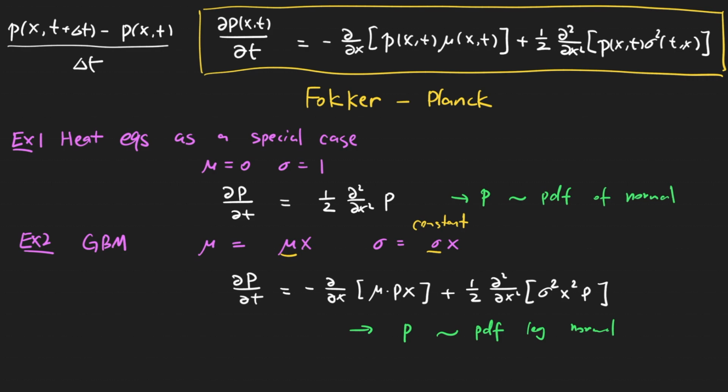However, in the general case of the Fokker-Planck equation, it can be quite challenging to solve because these parameters, mu and sigma, depend on the position of the process. And another interesting thing is that the Fokker-Planck equation actually belongs to a family of PDEs called the parabolic PDE.